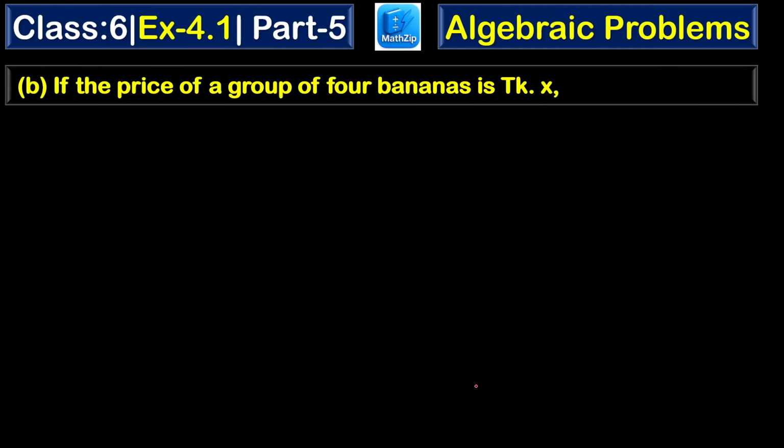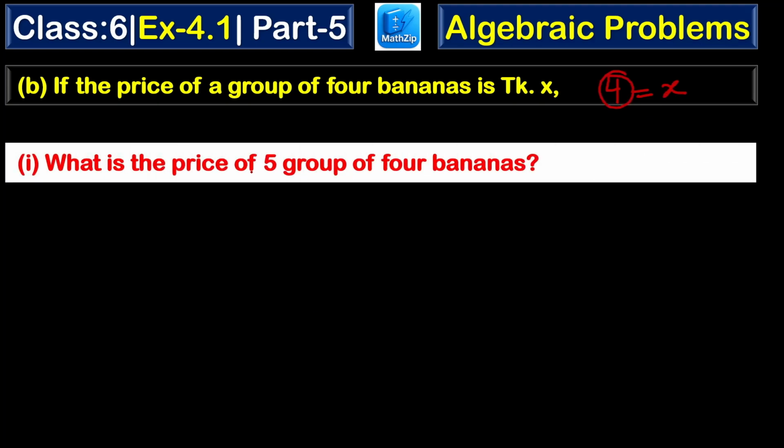Now part B. If the price of a group of 4 bananas is X taka, it means the price of 4 bananas is X taka. This is a group. So what is the price of 5 groups of 4 bananas? One group is 4 bananas, so 5 groups is 4 times 5, which means 20 bananas, right?